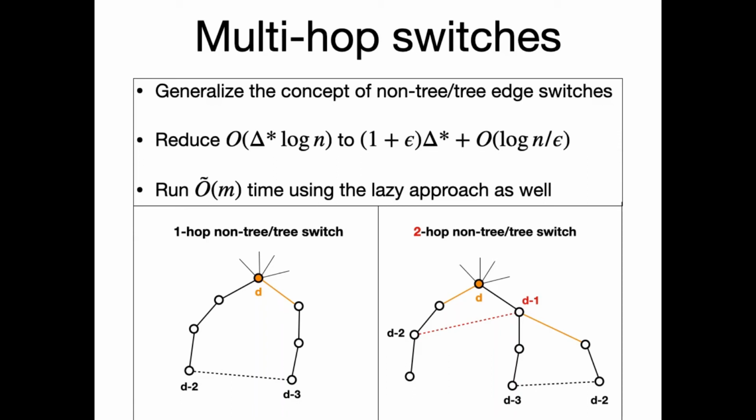We can generalize this idea to include multiple pairs of non-tree and tree edges. For example, on the right-hand side, we could add both of the dotted non-tree edges to the tree and remove these two yellow tree edges from the tree. And this could reduce the highest degree by 1.